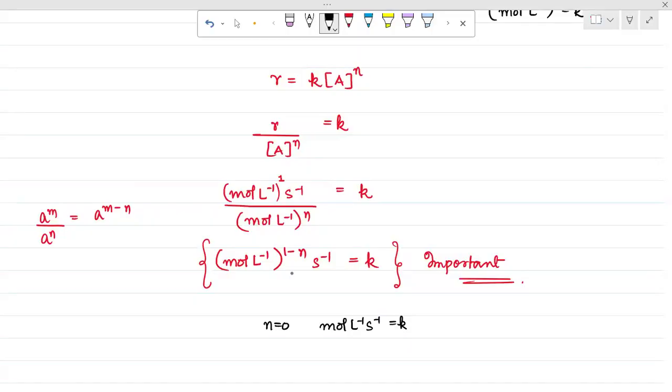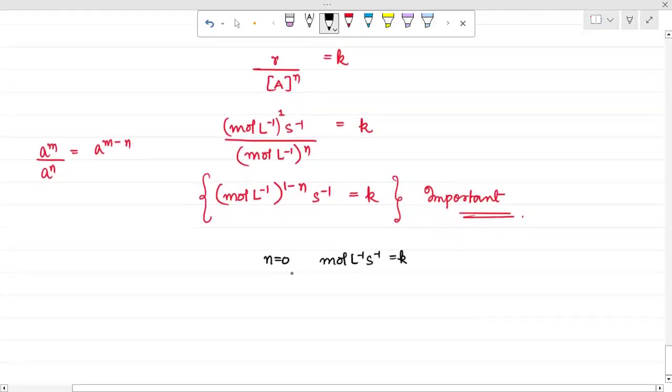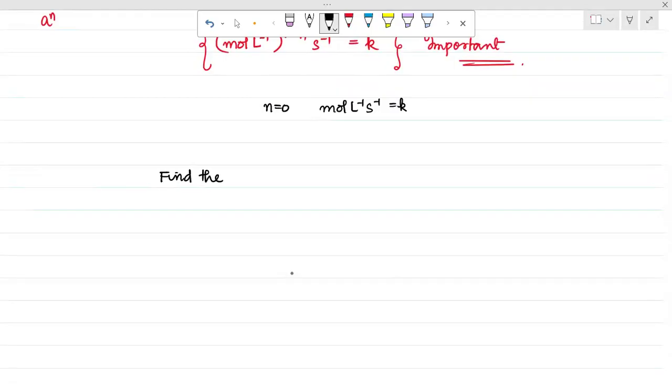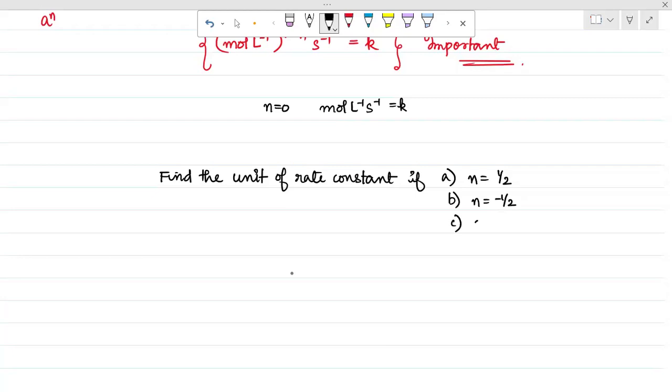Okay, so with this, I'll stop over here. We'll do a few questions in the next session. Please note down the homework. Find the unit of rate constant if n is equal to 1 by 2, n is equal to minus 1 by 2, n is equal to 1 by 3, n is equal to minus 2 by 3.